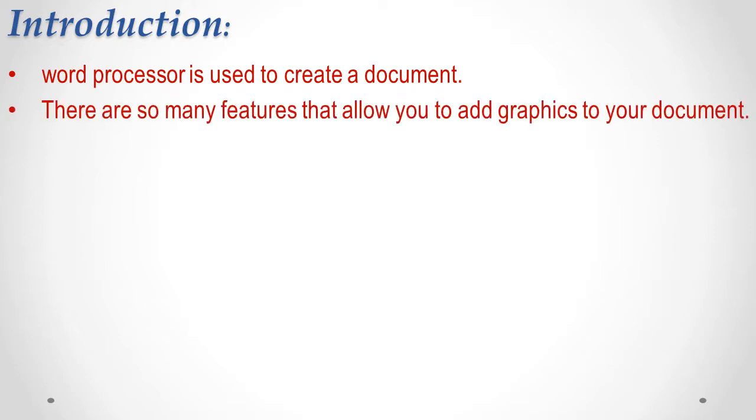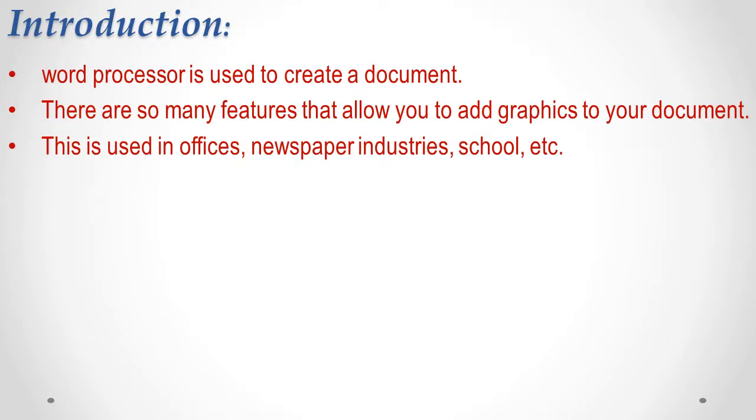And also, there are many features that allow you to add graphics to your document. Means in MS Word, if you are going to type, you can change the color of that, and you can change the style of that, whatever effects. You can give a border to that sheet, everything you can give, right? And also this is used in offices.